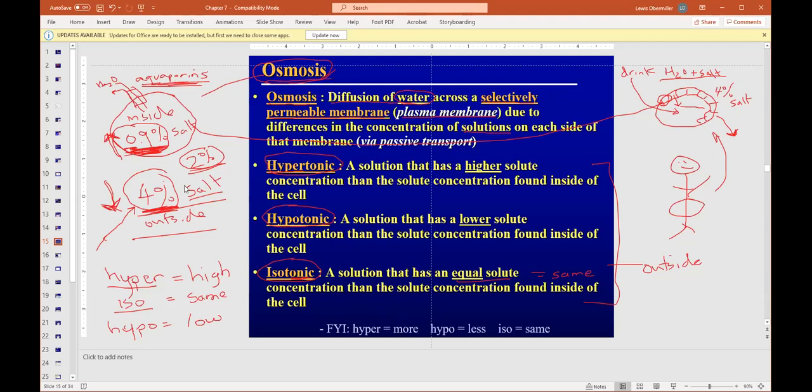And so in this example that we just used, the salt water is higher on the outside than the inside. So that would be hyper, iso, or hypo? Hyper. Sweet. Hypertonic. That's awesome.